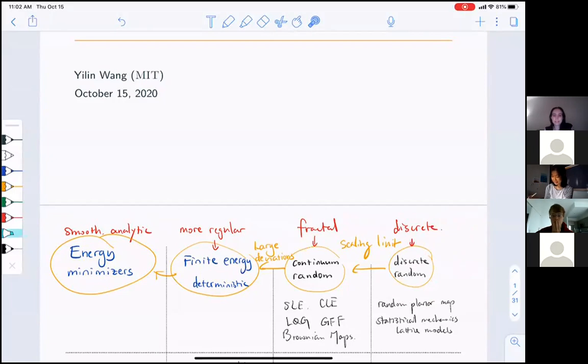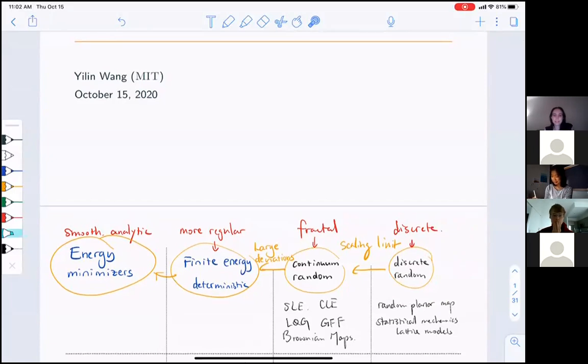And my talk will be about the other side of this story, from the continuum random system to a deterministic finite energy world.